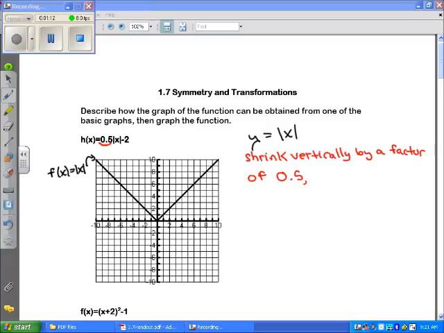What that basically tells us is each y value is going to be multiplied by 0.5. For example, let's say the y value is 1, it's going to be 0.5 instead.